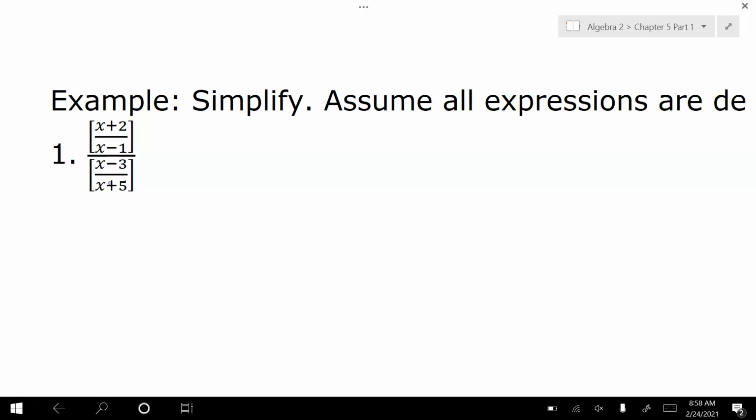Okay, so when you see something like this, you're going to want to rewrite it as a multiplication problem. The piece in the numerator, the piece up here in the top, you're not going to do anything to that. So I would just rewrite that down here below. So it's going to be x plus 2 over x minus 1. I'm going to change this from a division problem, because remember, fractions represent division, to a multiplication problem.